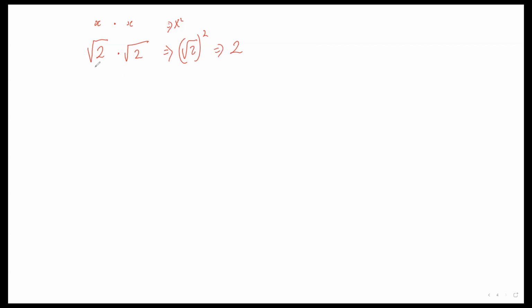So I could generalize this and say, let's say root of a. If I say root a times root a, or times itself, what would be the answer here? Well, you'd always have a. So this is one rule you could know as well.